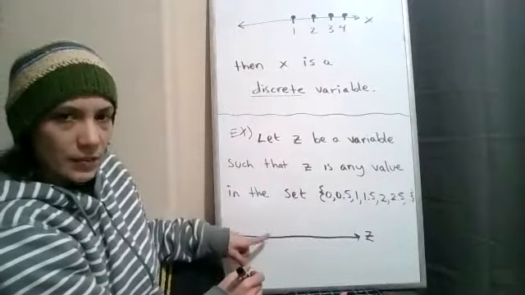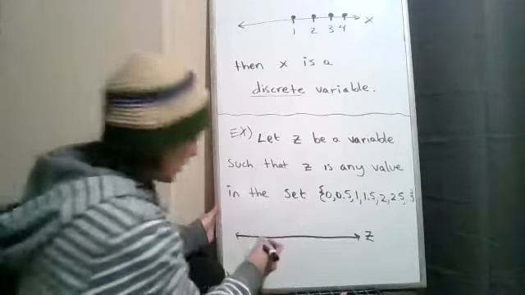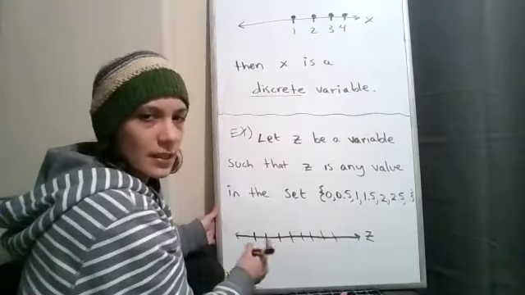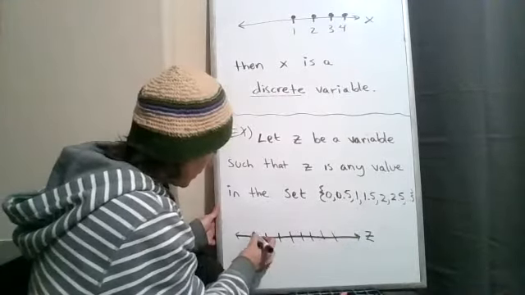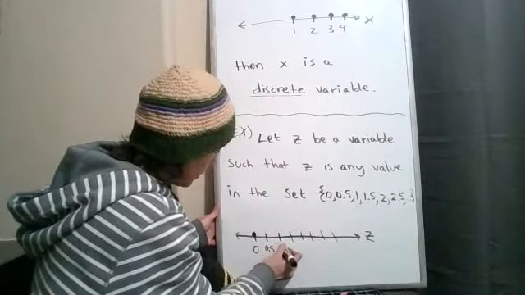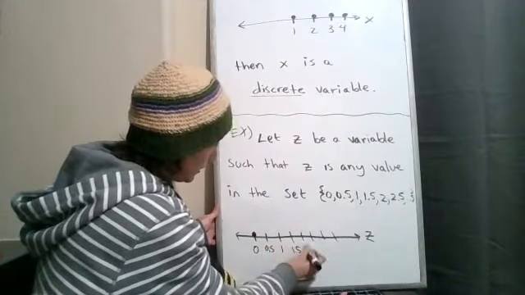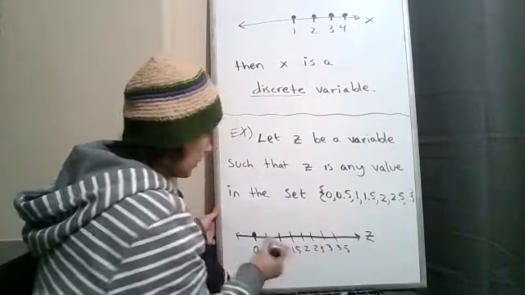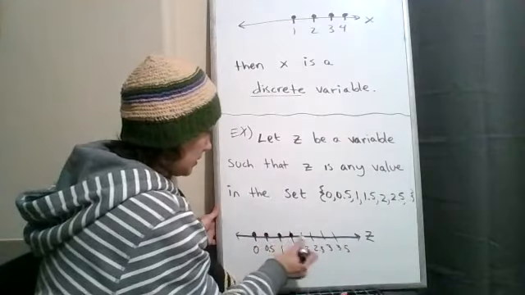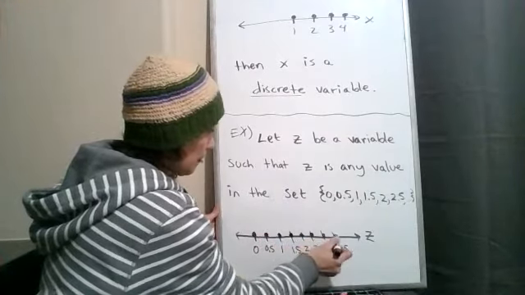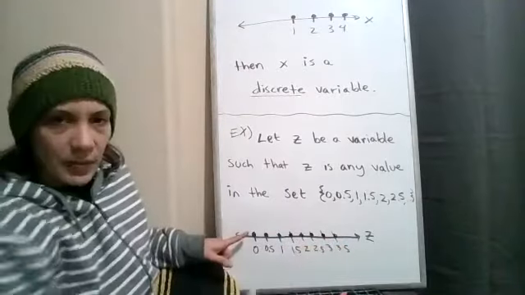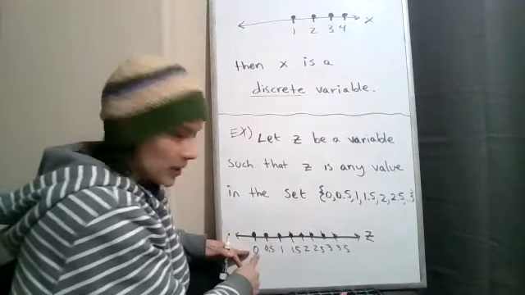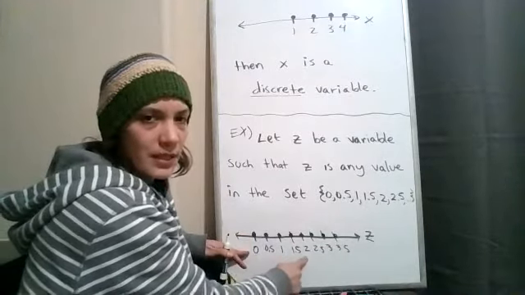We're going to put a dot at each of the values of z, at least the first few, and start with 0, 0.5. So it's implied that this is an infinite set. It keeps on going towards positive infinity, but your values of your variable change by small measurements.